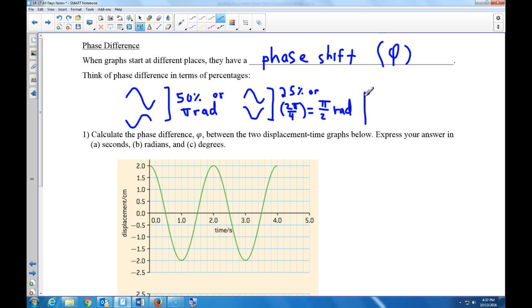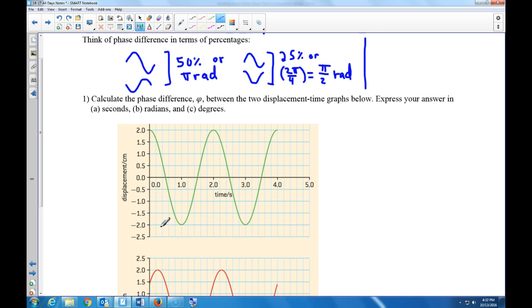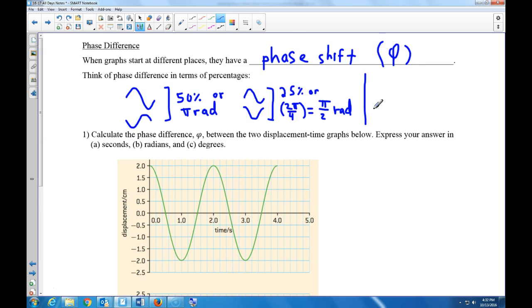Now, there's a formula we can use to calculate this when we're dealing with time graphs. The phase shift is 2 pi radians, and only some fraction of it is the phase shift.